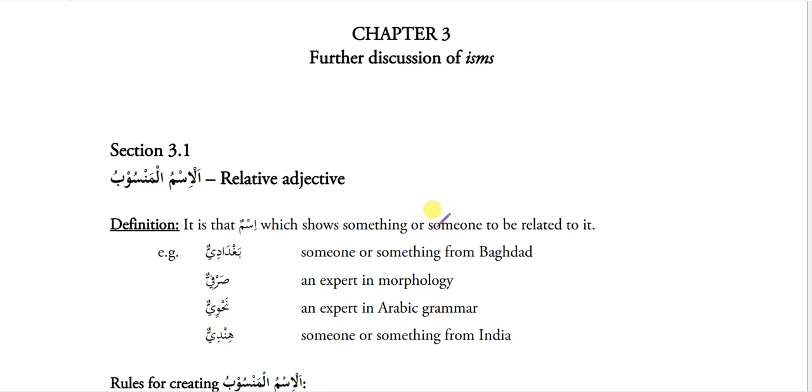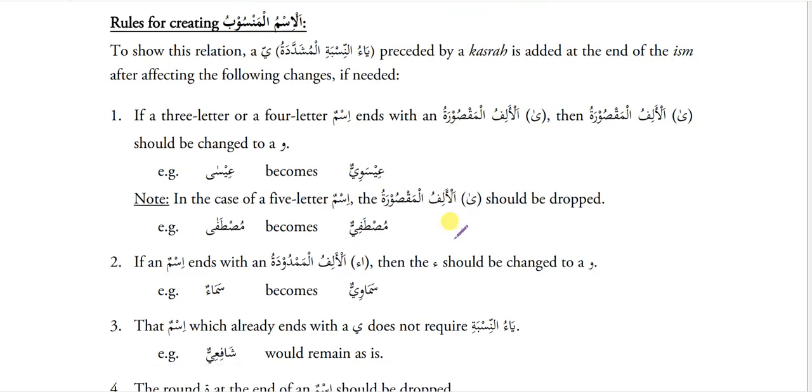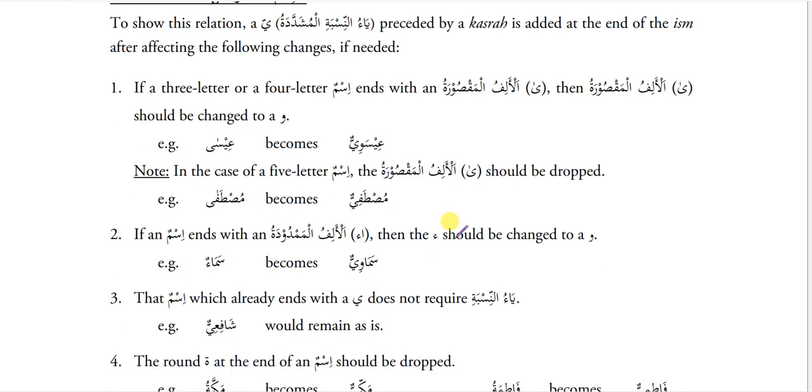Rules for creating al-ismul mansub. To show this relation, ya'un nisbatil mushaddadatu. So a ya mushaddad preceded by kasra is added at the end of the ism after the following changes. If a 3-letter or a 4-letter ism ends with alif maksura, then alif maksura should be changed to waw.